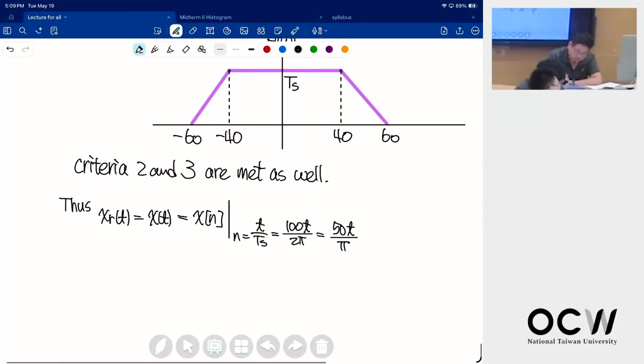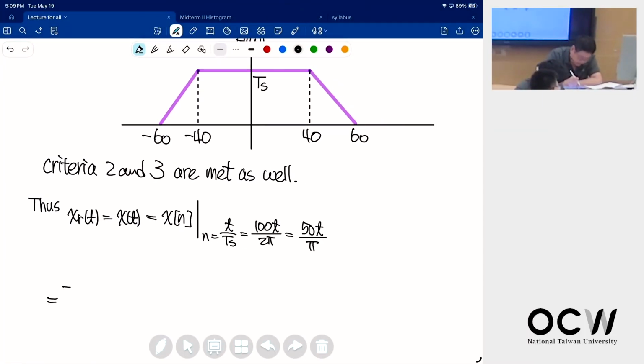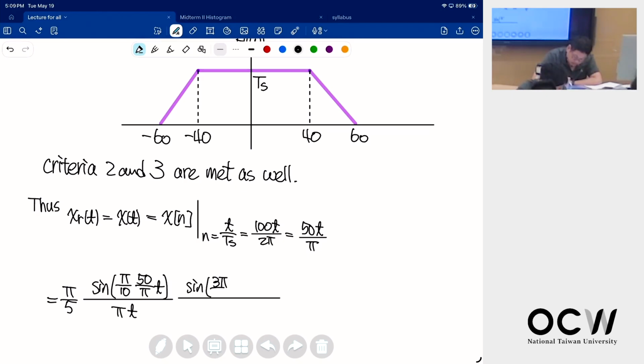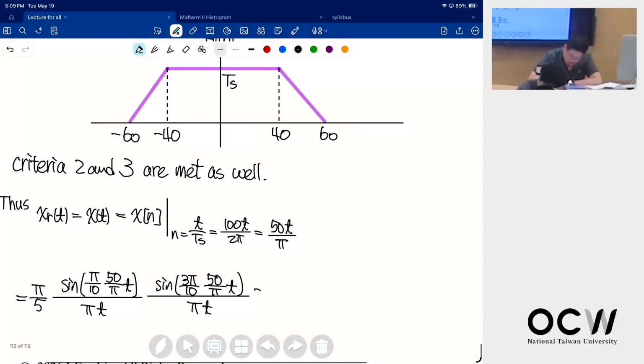You get pi over 5 sine of pi over 10 times 50 over pi t divided by pi t, and sine of 3 pi over 10 times 50 over pi times t divided by pi t, 2j sine of 2 pi over 5 times 50 over pi t.